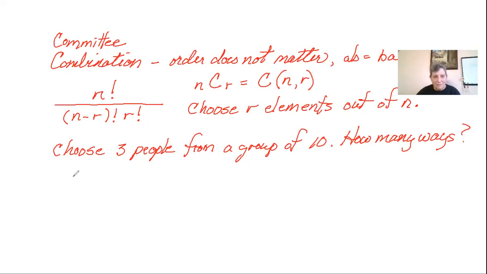So we've got the 10 factorial. If we were going to choose all 10 to put them in order, then it would be 10 factorial. However, we're going to do the 10 factorial, but just take the first 3 people from each possible listing of the 10 people. So it doesn't matter if the last 7 are put in a different order. So we're going to knock those out.